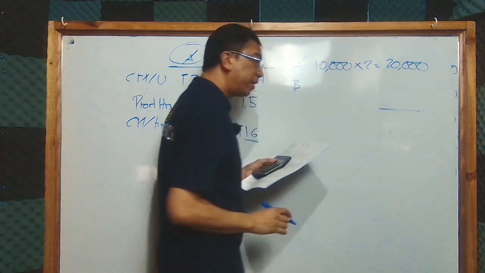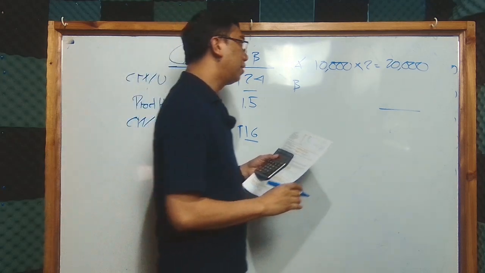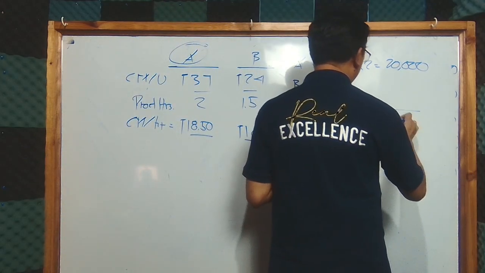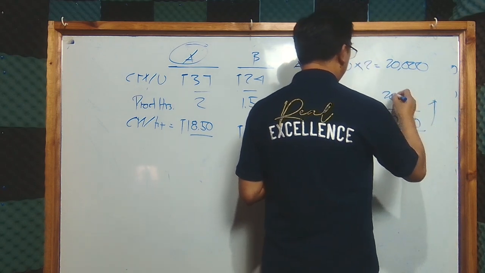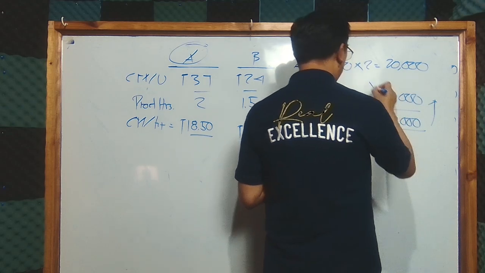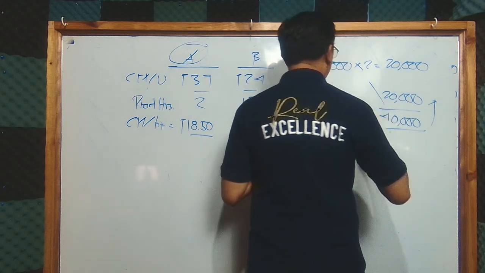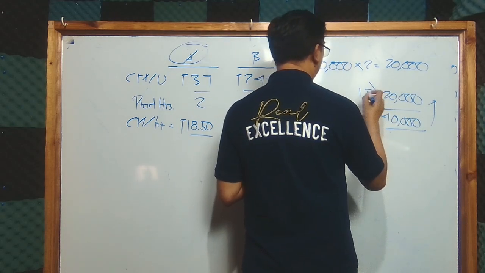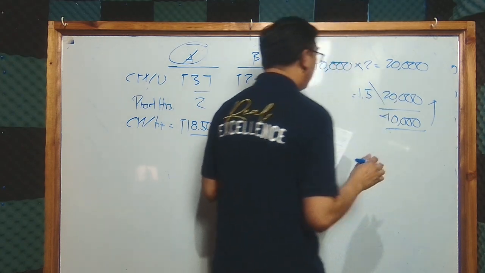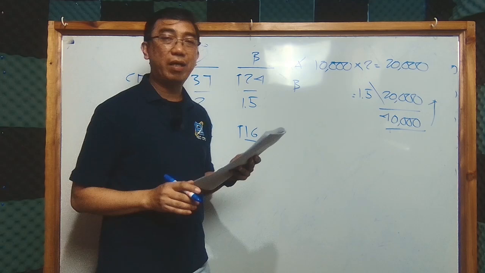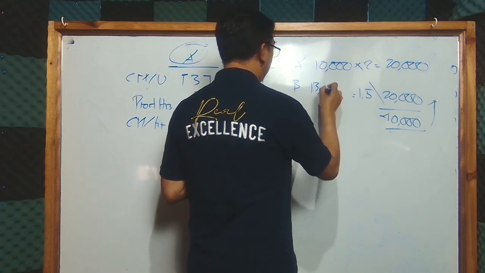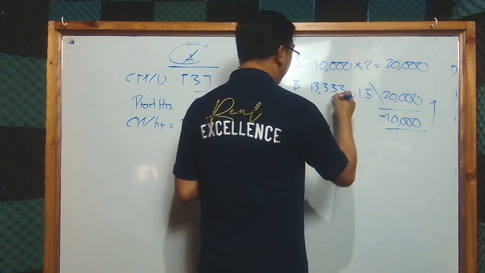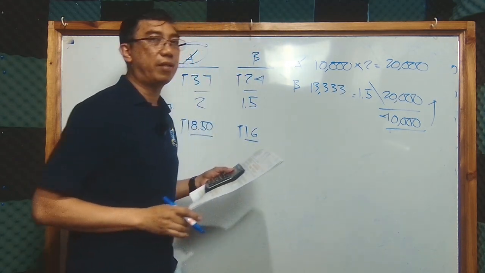Ilan ang available hours natin? The available hours is provided to us at only 40,000 na lang. So, may naiwan pa tayo na 20,000 for product B divided by 1.5. Ayan, class. Ito na yon. So, 20,000 divided by 1.5 will give us 13,333.333 units. Yan yung ating magiging production.